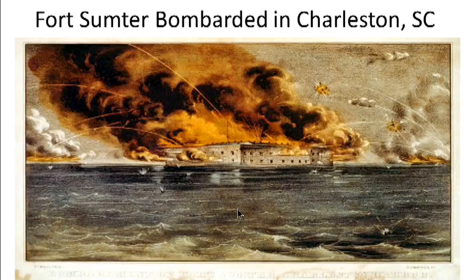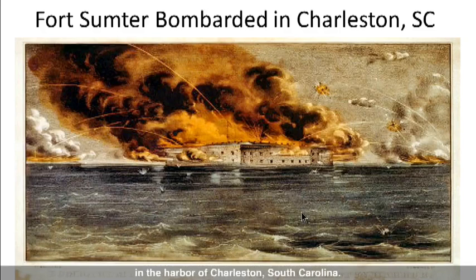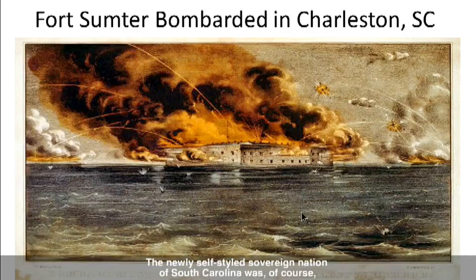The full secession movement and the entire formation of these new Confederate States of America awaited the start of the war, which began at Fort Sumter, which was a federal fort in the harbor of Charleston, South Carolina. The newly self-styled sovereign nation of South Carolina was, of course, affronted by the presence of a U.S. federal fort in Charleston Harbor.